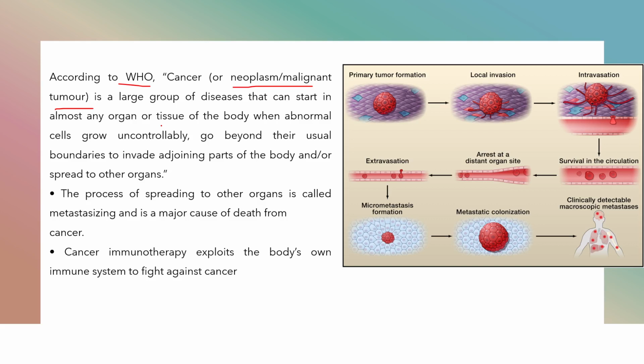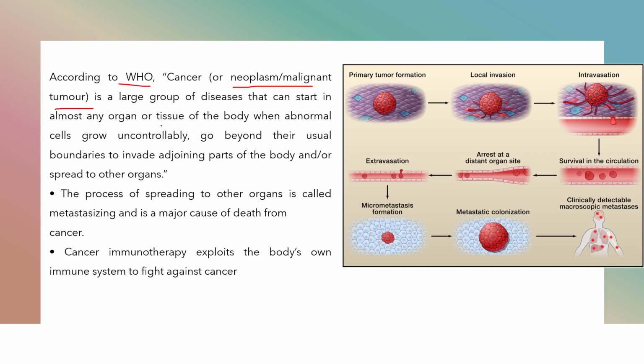So this benign tumor resides at one place only. For example, if a patient has tumor in the liver, then it resides in liver only and it doesn't spread to different organs, then it is called benign tumor. Okay. And when it starts spreading to different organs, it is called malignant tumor.